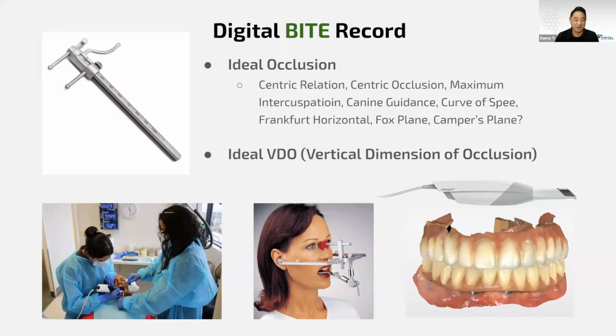So unfortunately, I'm not a clinician, but there are all these things that are worth understanding as a clinician to make sure that you're capturing ideal occlusion of the patient prior to submitting this record, and understanding how to capture that ideal occlusion, what it takes, what it is, and all those things.